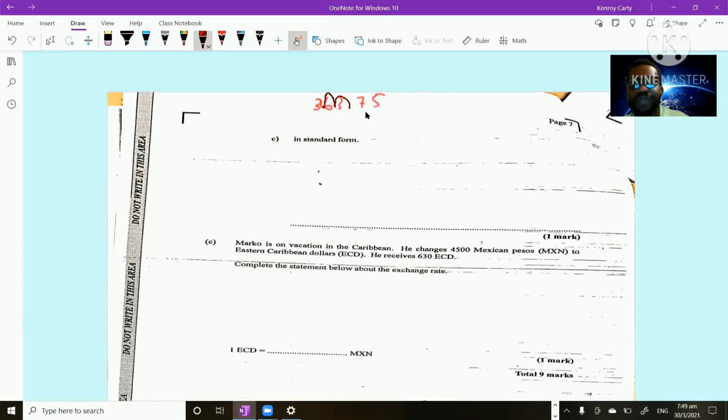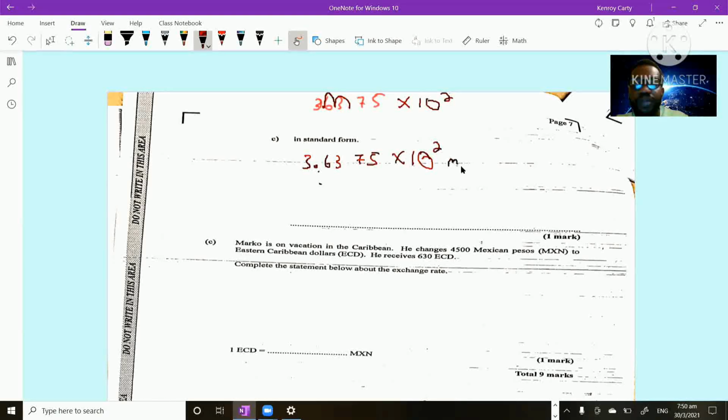Now, since I can't change the value of the number, I would have to say times 10 to the second power, which means that if you multiply by 10 to the second power, it would move it 2 places to the right. So it reflects the same number. So in standard form, it would be 3.6375 times 10 to the second power.